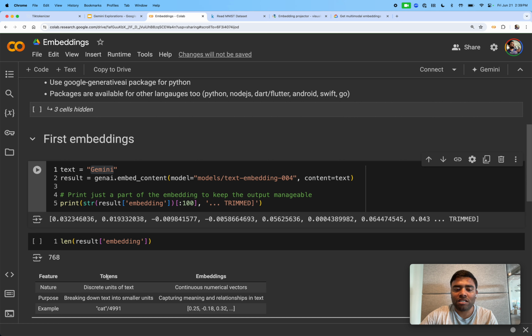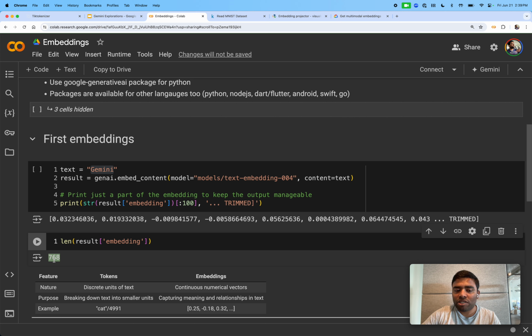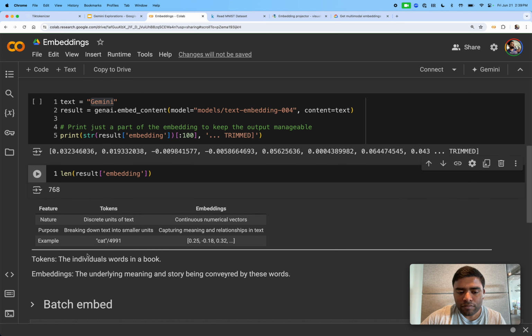The best way to think about this is that tokens break text down into smaller units, whereas embeddings try to capture the relationships in the text. So an embedding for a whole word like Gemini is 768 dimensions. You will also see a complete sentence represented in the same dimension space, and so on.